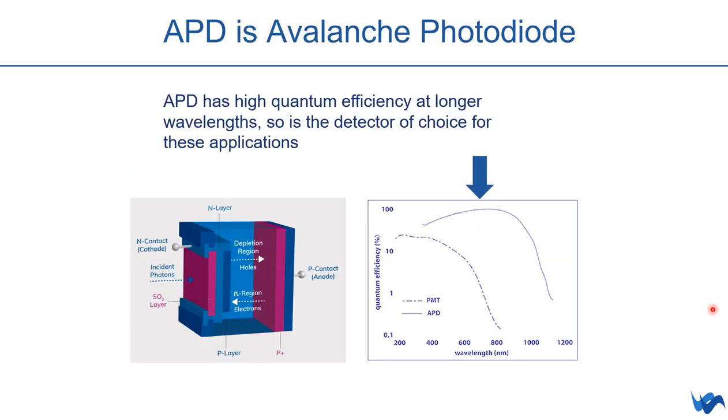And the reason is that the avalanche photodiode has a higher quantum efficiency at longer wavelengths, as you can see here. So at the end, it makes perfect sense to have a machine with the avalanche photodiode and a photomultiplier tube. You have combined, as a user, the full range of high quantum efficiency.